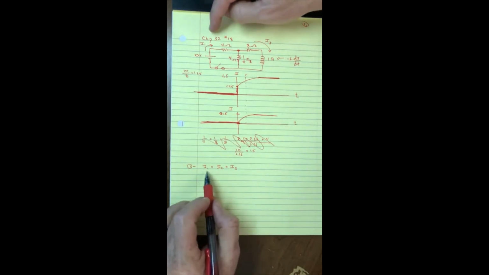Notice I'm really going back to chapter 28. This is Kirchhoff's node rule, which simply says, according to conservation of charge, the current coming in, I1, has to equal what comes out, so that's 2 and 3. Of course, I need 3 equations because, as we talked about a lot in chapter 28, we need 3 equations to solve for 3 unknowns.